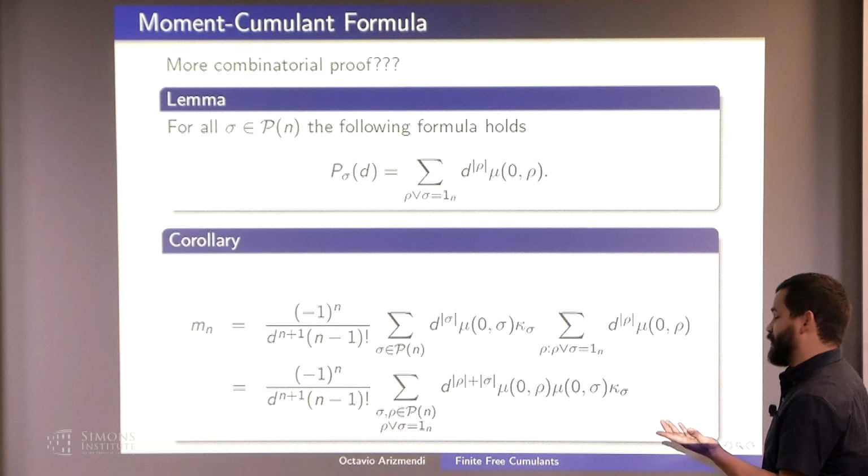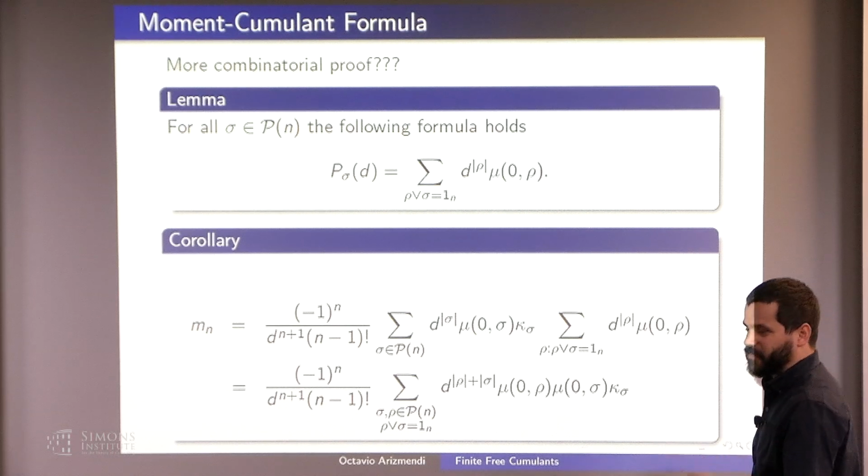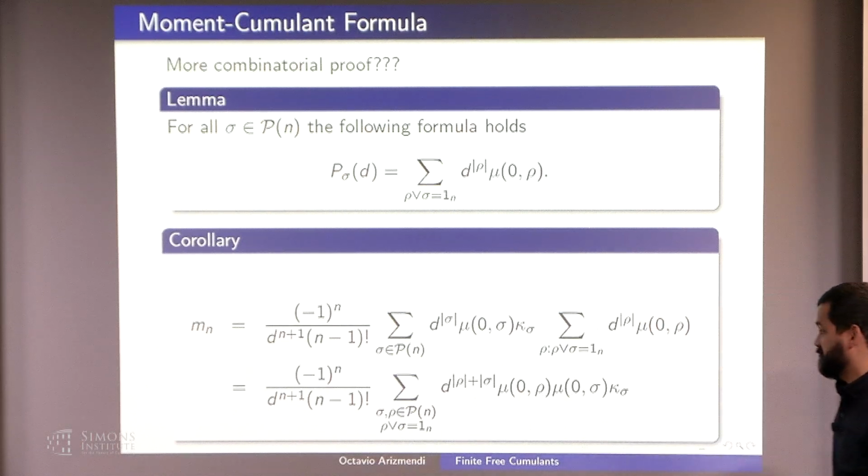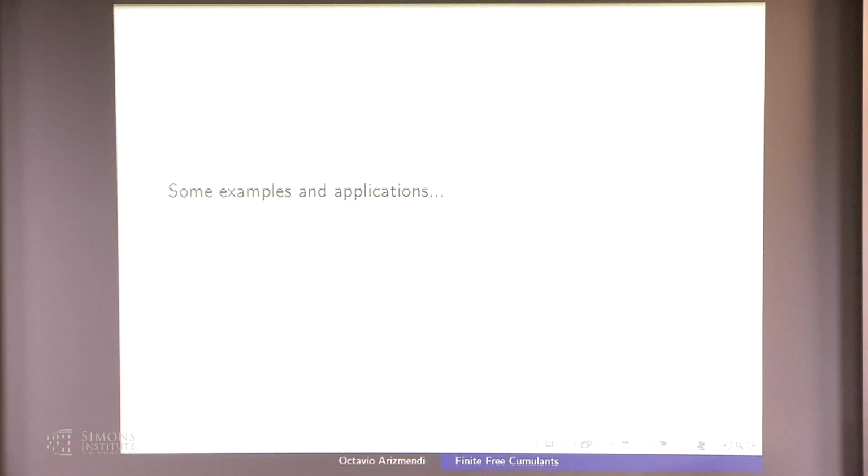I don't know if this is a nicer or worse formula than the moment-cumulant formula. It is combinatorial, but somehow it's as hard to handle as the previous one. Okay.